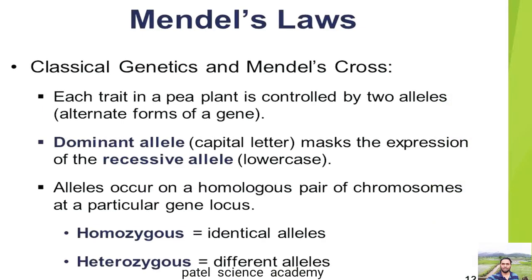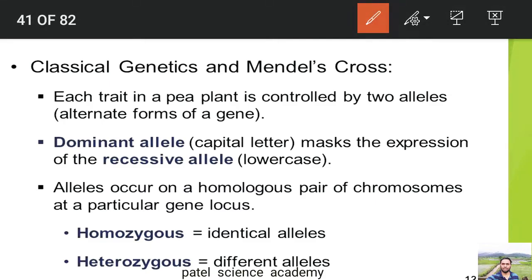Now Mendel's law, classical genetics and Mendel's cross: each trait in the pea plant is controlled by two alleles, alternative forms of the gene, a dominant allele and a recessive allele. As I told you, the dominant allele is indicated by a capital letter and masks the expression of the recessive allele, which is indicated by a lowercase, small letter.